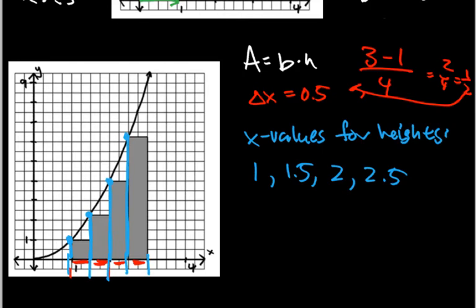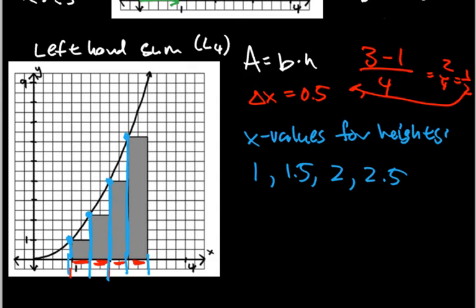So this is called a left-hand sum. Just going to write that right here. Left-hand sum. And the abbreviation for that is actually going to be capital L with a subscript of 4. So that just means left with 4 rectangles.